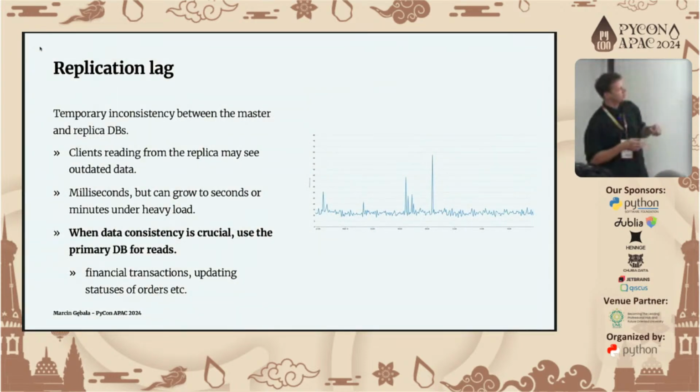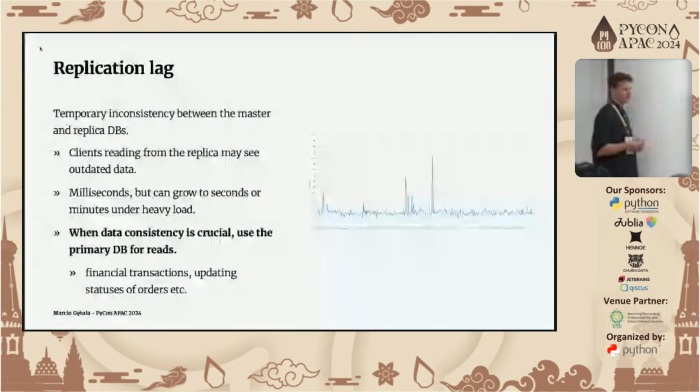Usually the values here are around 10 milliseconds to 60 milliseconds. That's normal. But under heavy load, when you are, for example, expecting a big sale on your e-commerce website and thousands of users are active, this could go to a few hundred milliseconds or even seconds.